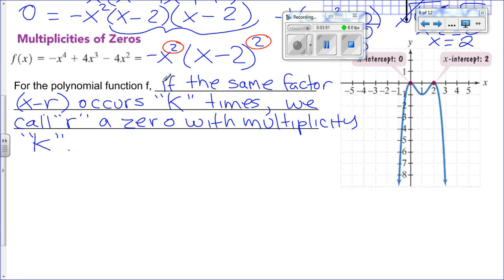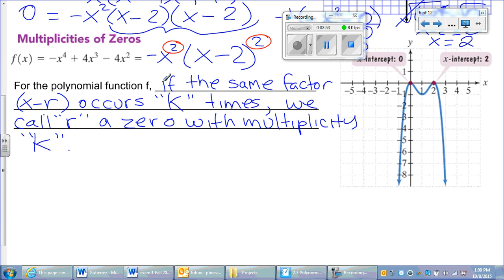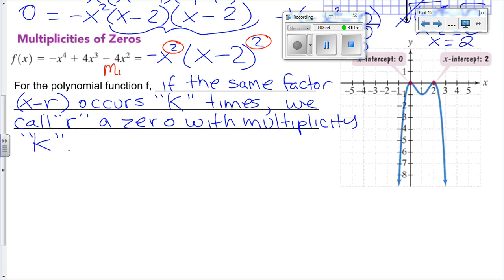So using the same example, the multiplicity of this factor is 2, right? And so 2 because we have the factor raised to the 2nd power.